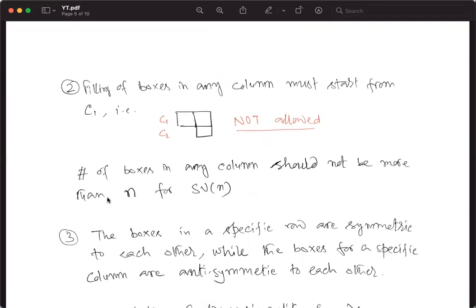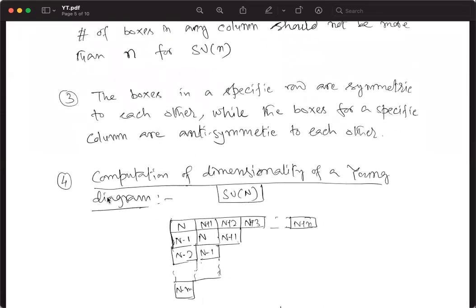The number of boxes in any column should not be more than n for SU(n), as I have mentioned already, because n vertical boxes imply a singlet representation, and one cannot have any representation beyond singlet. The boxes in a specific row are symmetric to each other, while the boxes in a specific column are anti-symmetric to each other.